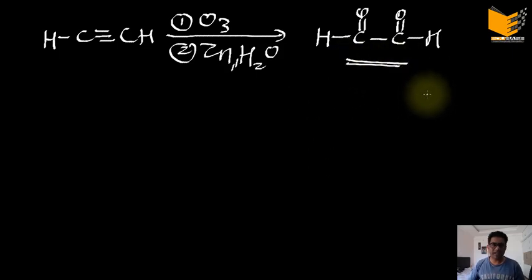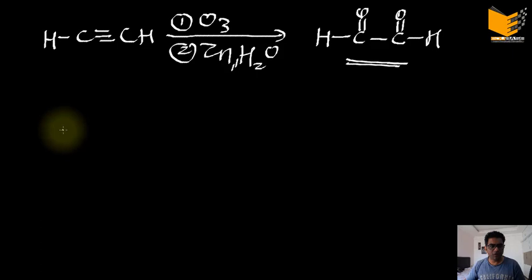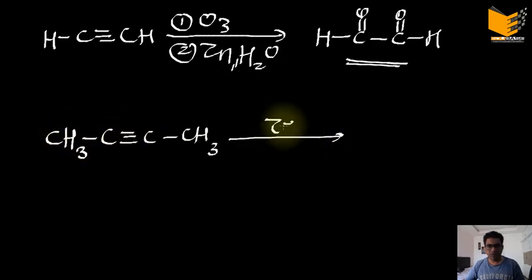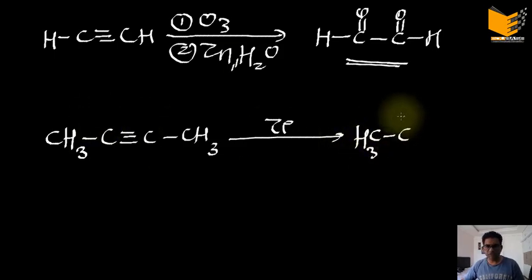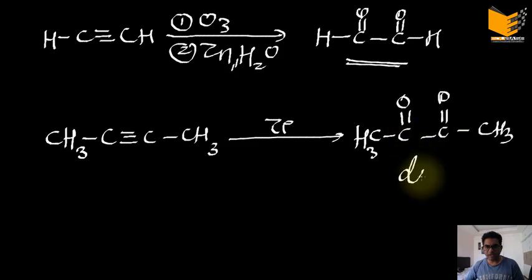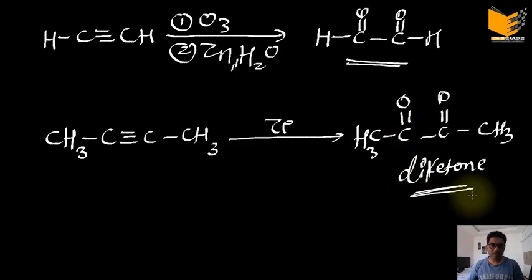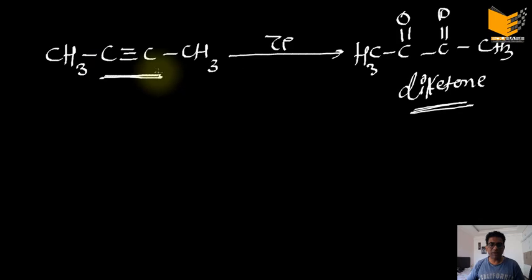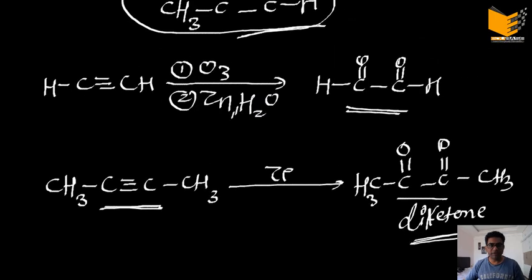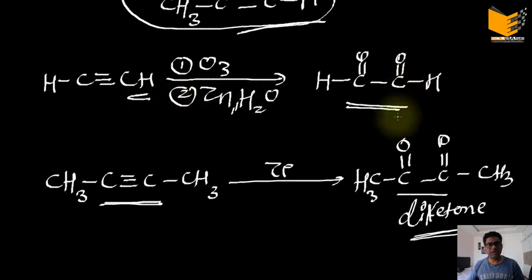This is a dialdehyde. If you start with something like butyne and do the ozonolysis, with the same conditions, remove the two pi bonds from the starting material. This is now a diketone. So the reaction is very simple to understand. If it's an internal carbon, make a ketone. If it's a terminal carbon, make an aldehyde. I hope you understood this.